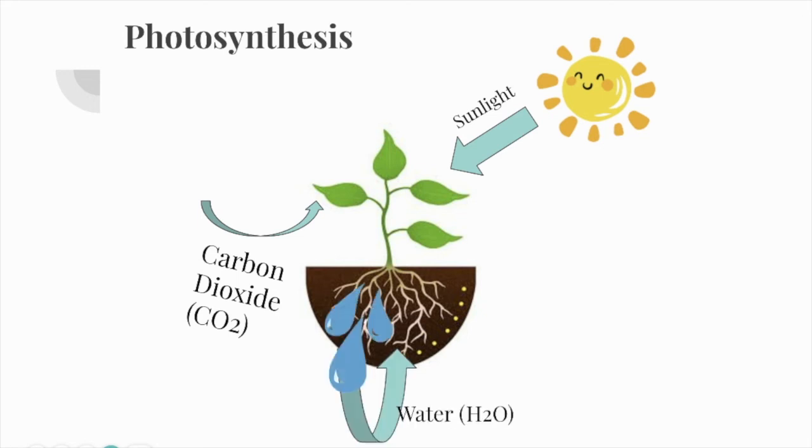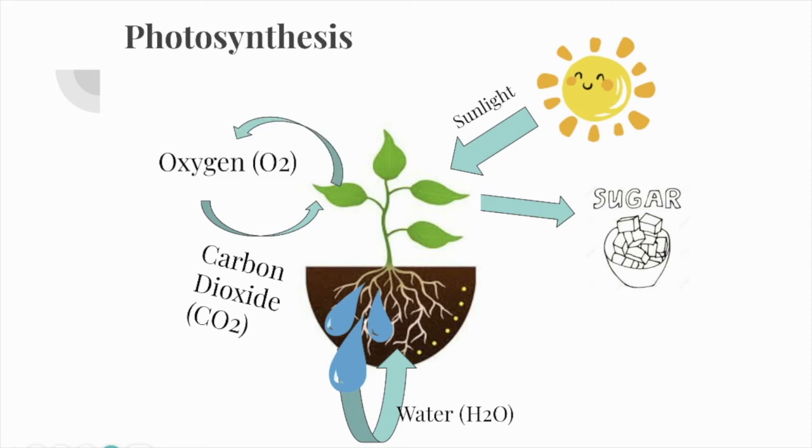And with this, they can create sugars, which they use for energy. Through this process, the plants can then release oxygen into the atmosphere. And that is the process of photosynthesis, taking in sunlight, carbon dioxide, and water, and releasing oxygen to create sugars.